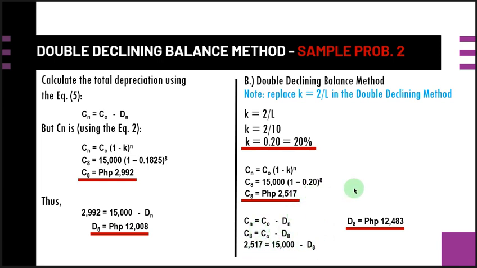So this is how to calculate the rate of depreciation, the total depreciation, even the annual depreciation, and the book value of any machine or equipment using the double declining balance method. So you just have to remember that the double declining balance method is very coherent to this declining balance method.